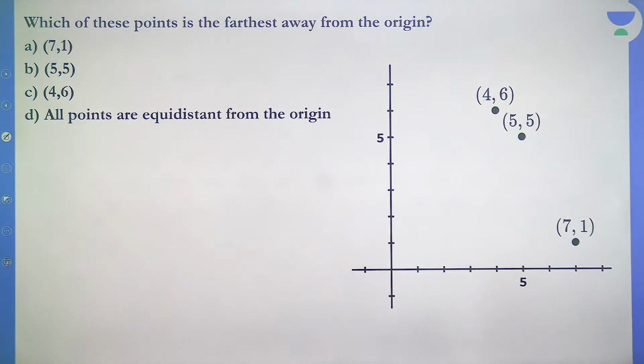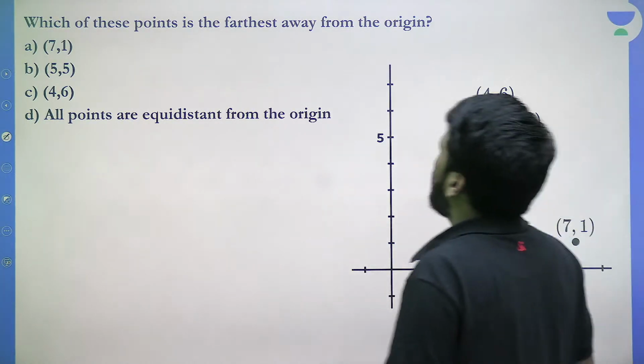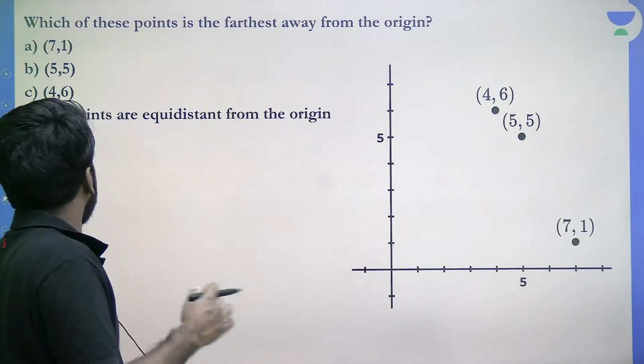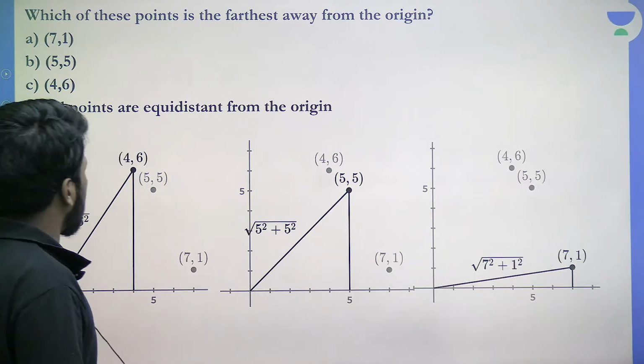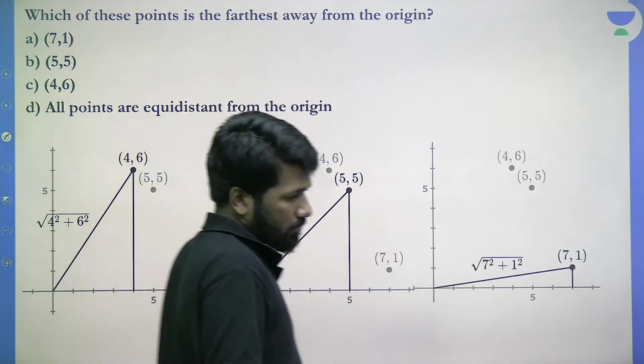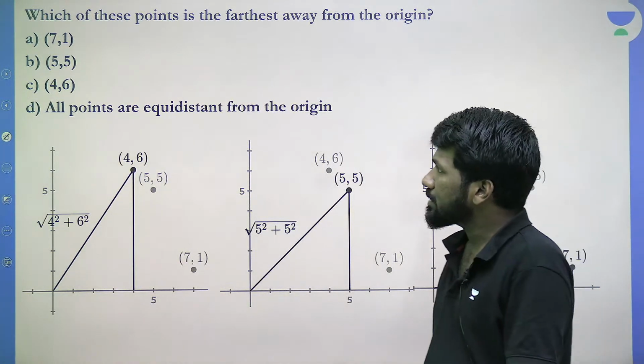Okay, so I'll explain. Which of the following is farthest away from the origin? As an exercise, we can find the distance also. We can find the distance very fast.